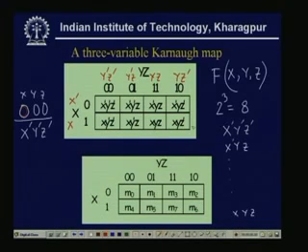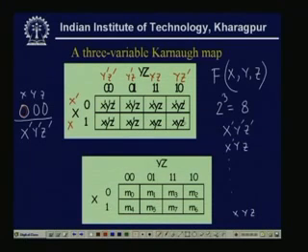For the second row it is x. So, for all the elements of the second row, the x literal must exist, and similarly it will be x y dash z dash, x y dash z, x y z, x y z dash.